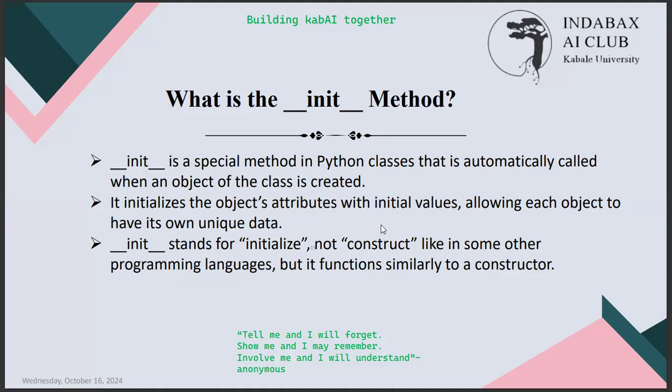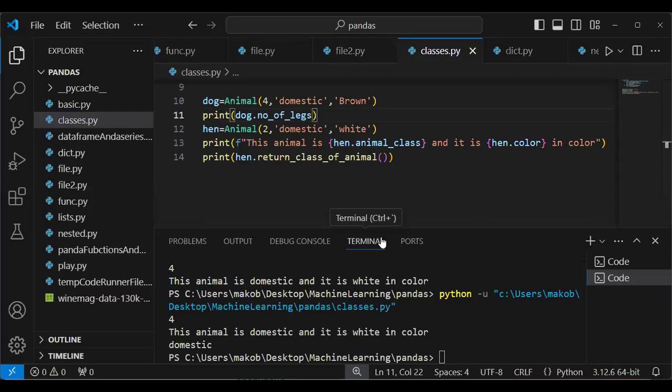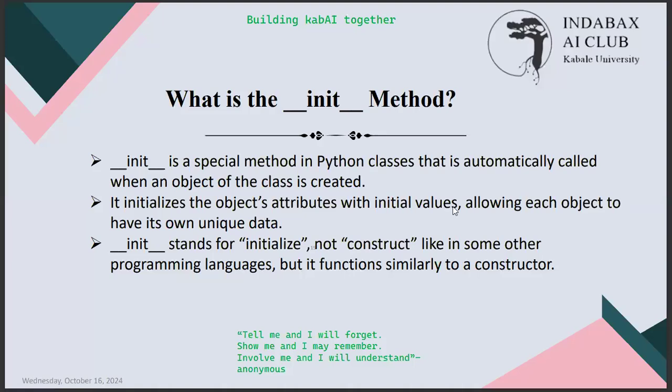A constructor means a function that is used to create objects of a certain class. So init, which stands for initialize, is the default constructor that is called when an object of a specific class has been created.